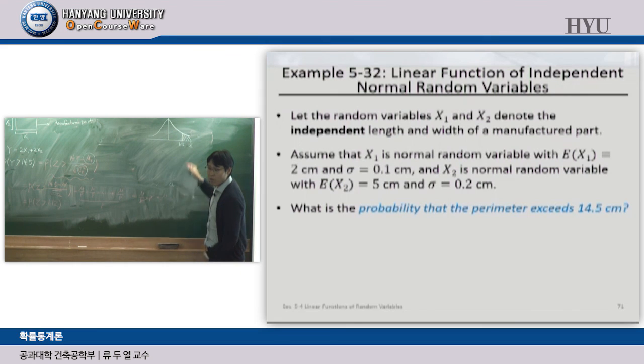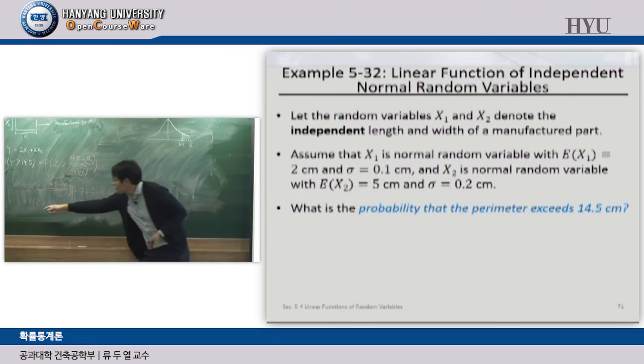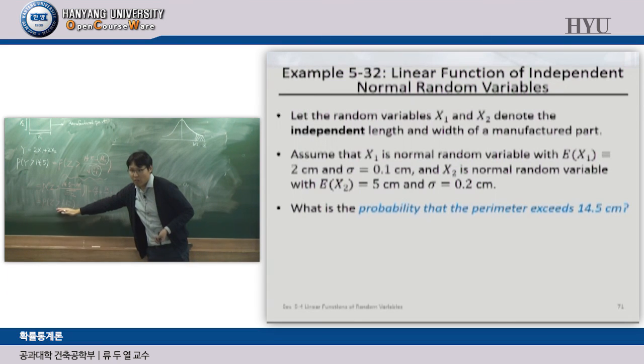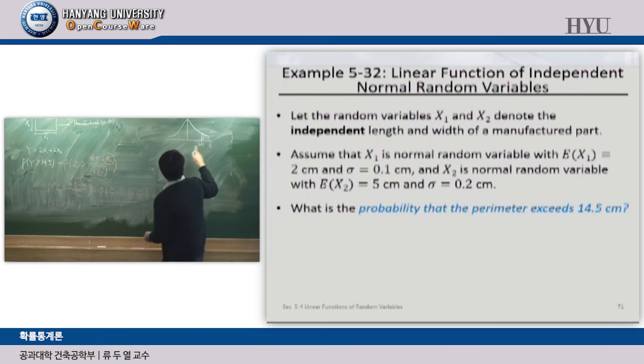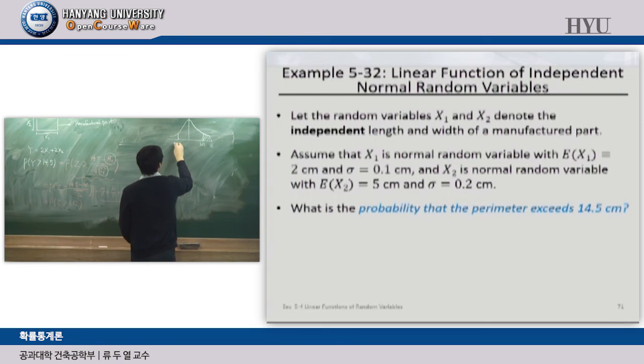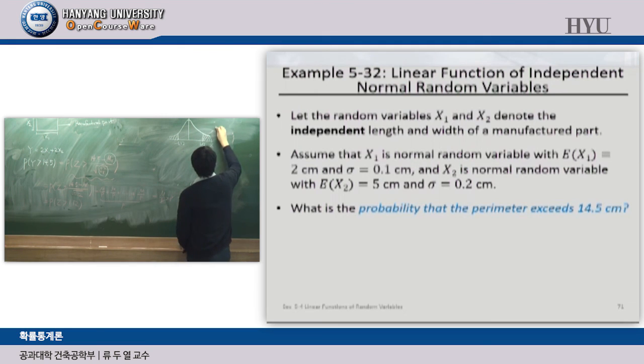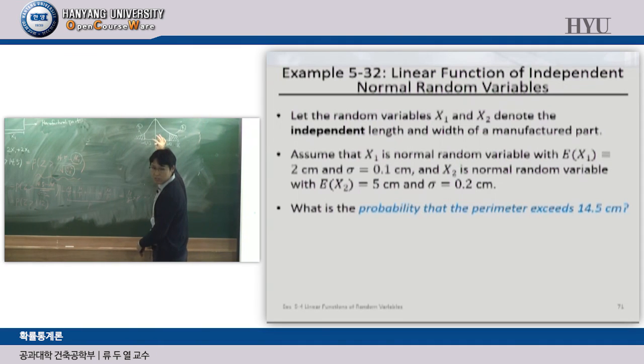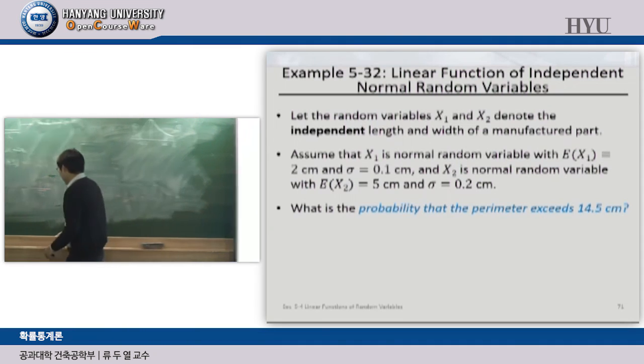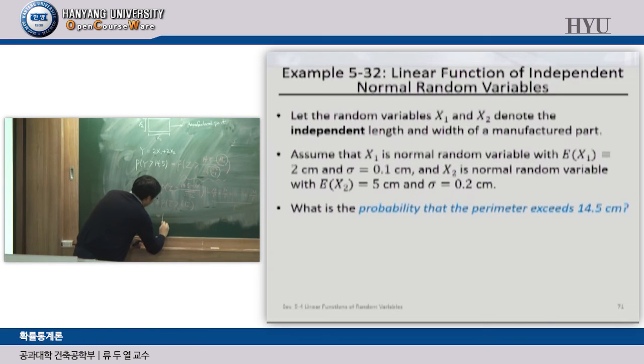But from your appendix table, the value should always be the area smaller than the value. So this is minus 1.12. These two areas are equal because this is a symmetric curve. So this can be written as the probability of z when z is smaller than minus 1.12.